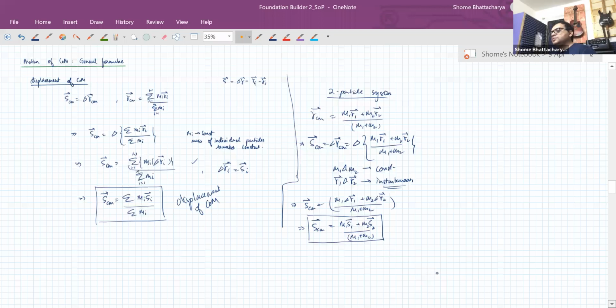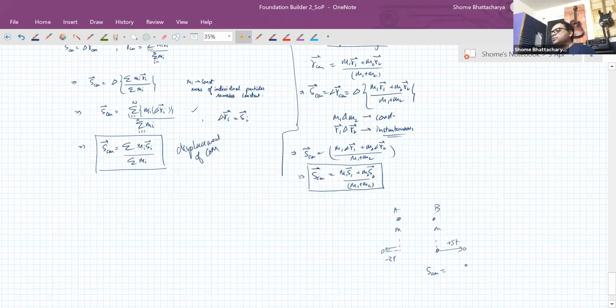So displacement of center of mass would be m into displacement of B plus m into displacement of A, because they were equal mass, divided by m plus m. So it should be the arithmetic mean of their displacements. So this was minus 3t, this was plus 5t. So that's why it was coming out to be t. And that's why the velocity of the center of mass was coming out to be plus 1. So this was the previous example applied over here.